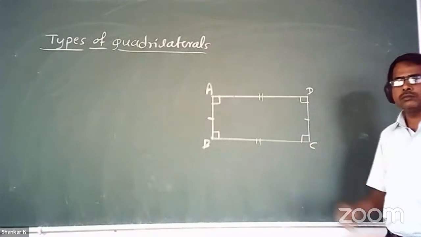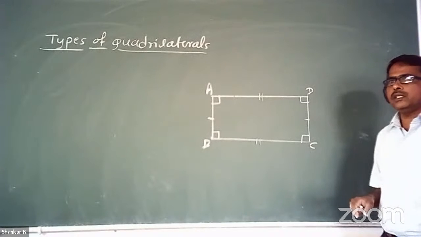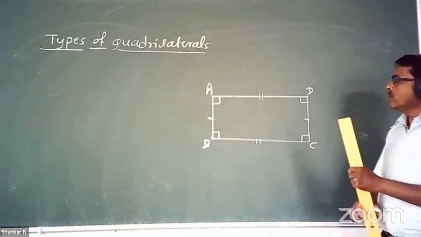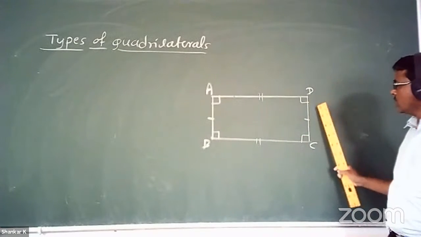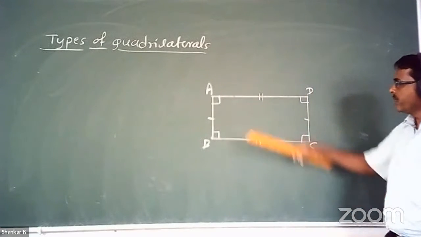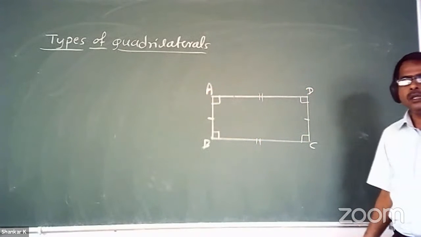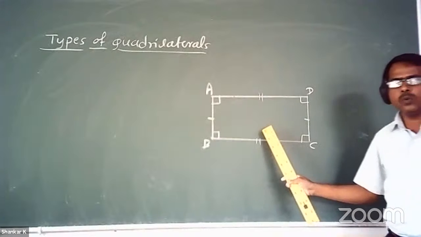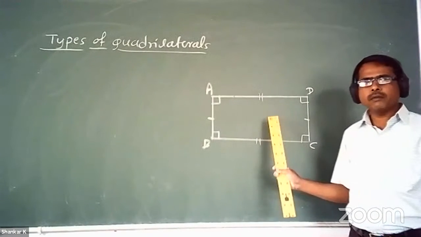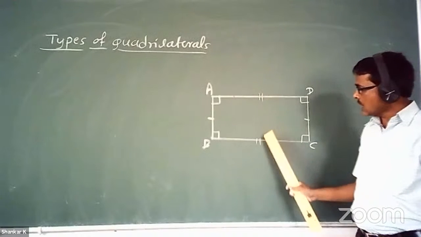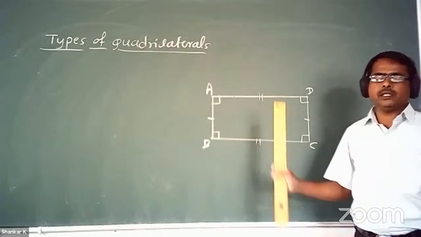Okay, this is a rectangle. Is it a parallelogram? Yes, it is a parallelogram. How? Check whether opposite sides are parallel or not. AB is parallel to CD, yes. AD and BC are parallel. Since opposite sides are parallel, it is a parallelogram. So how can we define it? A rectangle is a parallelogram in which opposite sides are equal and all angles are right angles.